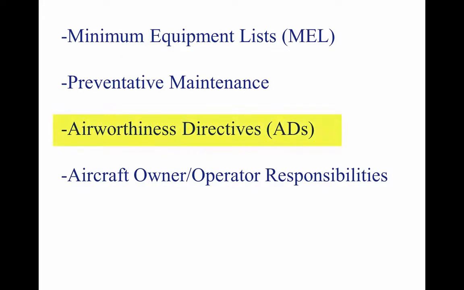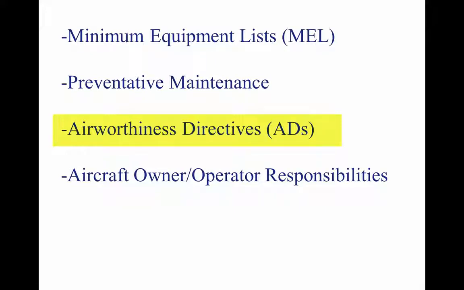Airworthiness directives, ADs. A primary safety function of the FAA is to require correction of unsafe conditions found in an aircraft, aircraft engine, propeller, or appliance when such conditions exist and are likely to exist or develop in other products of the same design.